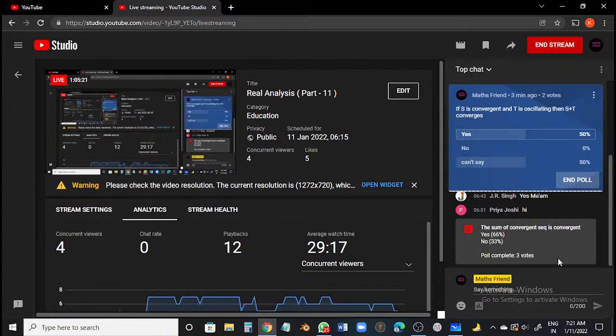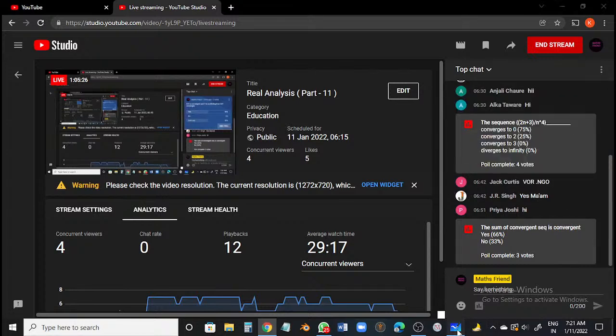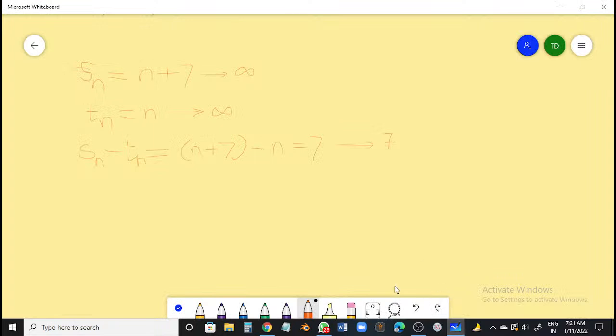Okay, end the poll and let us see what the answer is. Let us take Sn equal to 1 by n, since we want a convergent sequence, and we know it goes to 0. Let us have another sequence Tn, which we want oscillating.